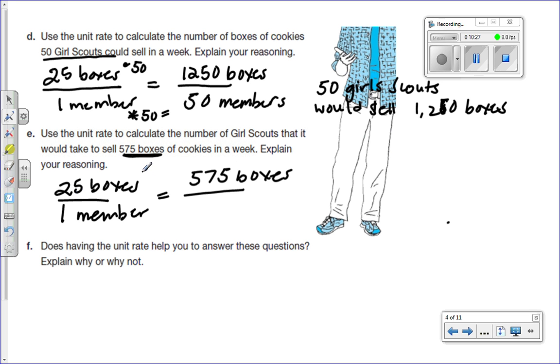In order to figure this out, you either know what 25 times something equals 575, or you can always divide. If you divide 575 by 25, you get 23. So that means we multiply by 23 here to get this. Therefore, we need to multiply by 23 here to get the new denominator.